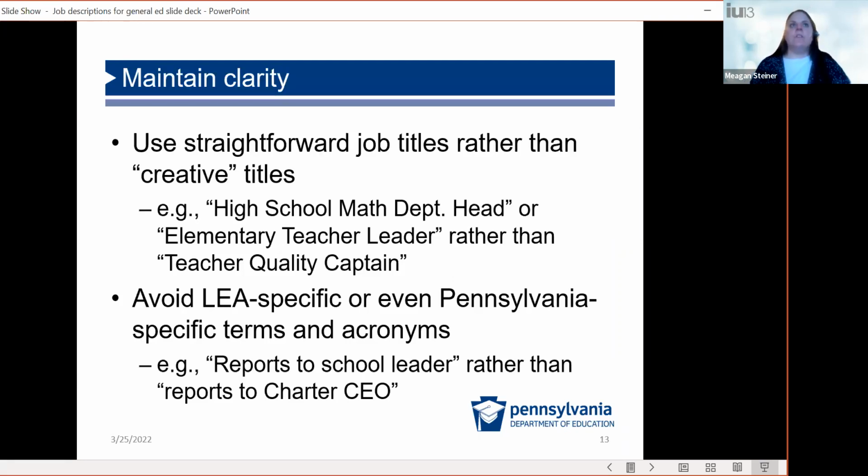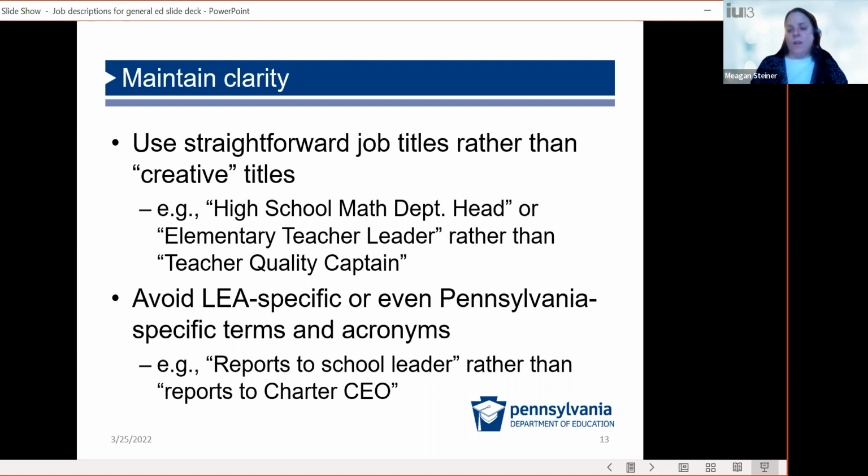So the first practice I want to talk about is maintaining clarity. That seems obvious, but there are a couple of little things that can trip people up. So yes, be clear about what you expect, be clear about who you're looking for, but also think about the particular terminology you're using. So some organizations like to have their own particular spin on the way they refer to their employees.